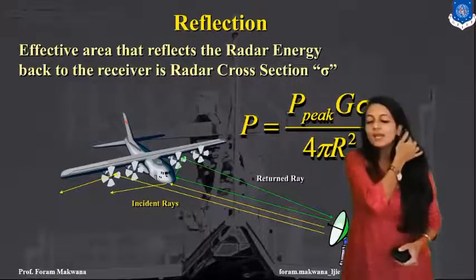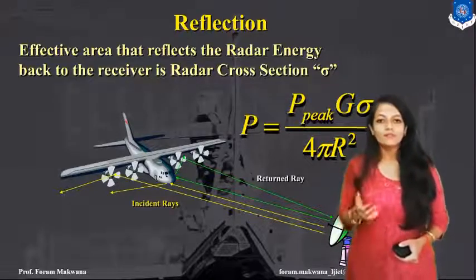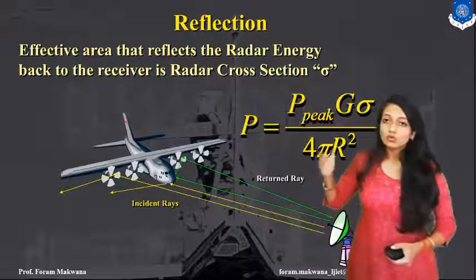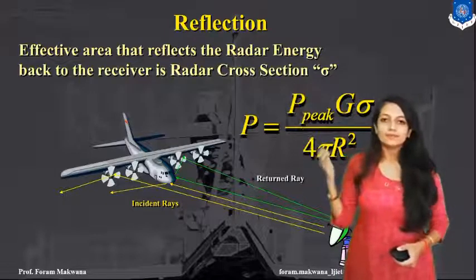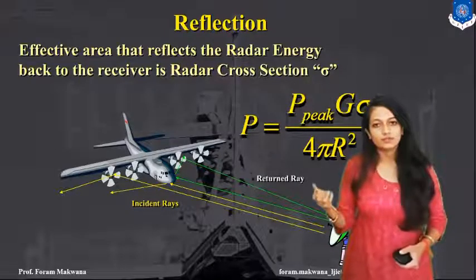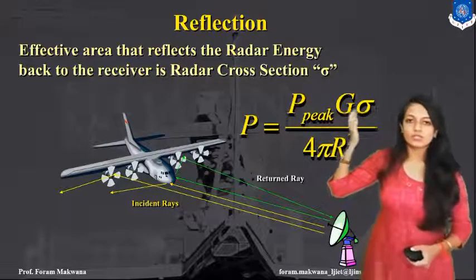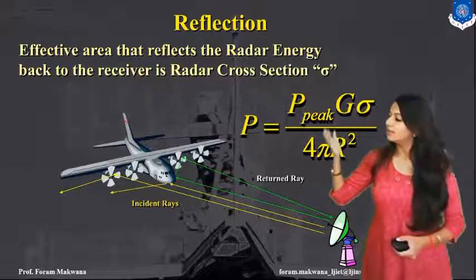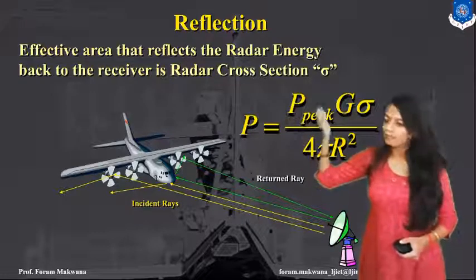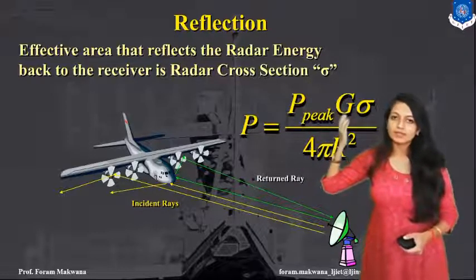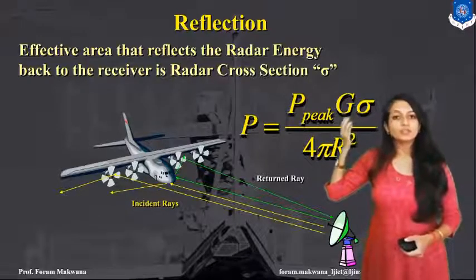Now, based on the reflection, we are able to calculate its effective area. The effective area that reflects the radar energy back to the receiver is called the radar cross section. If we want to relate the radar cross section with how much power is received, P equals peak power into power gain into sigma, where sigma is the radar cross section, divided by 4 pi r square.